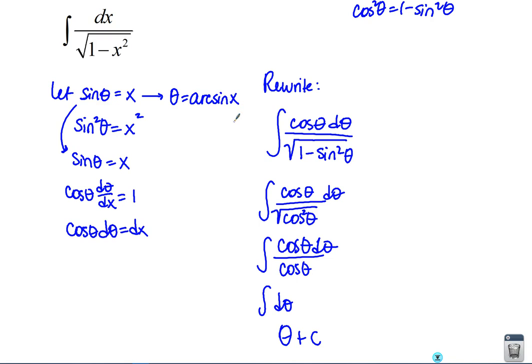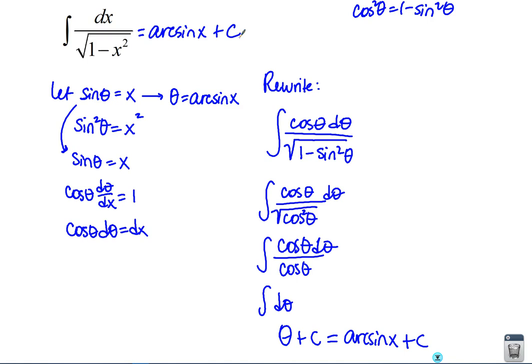Okay, so that means down here where I have theta plus c, this is the same thing as the arc sine of x plus c. So this whole nasty integral is actually arc sine of x plus c, but we proved it using trig substitution.